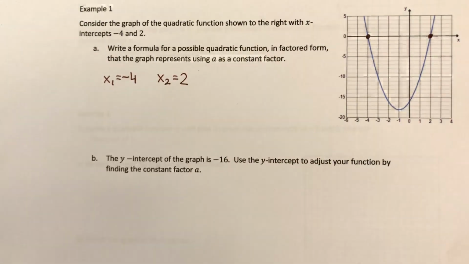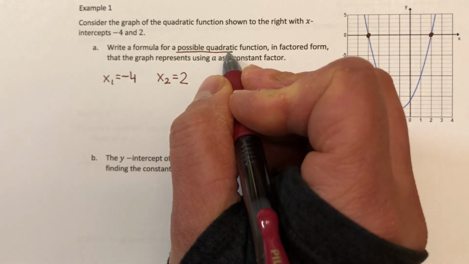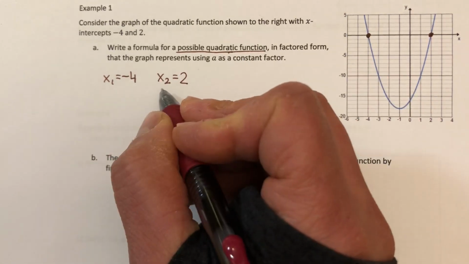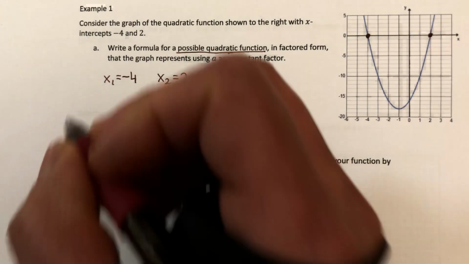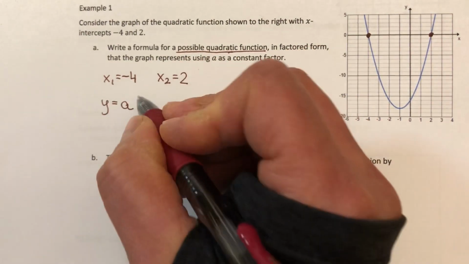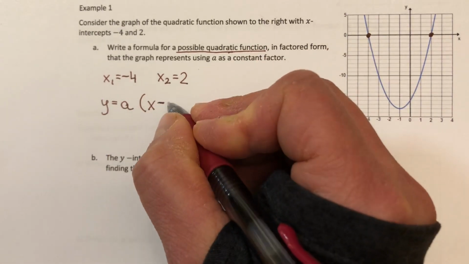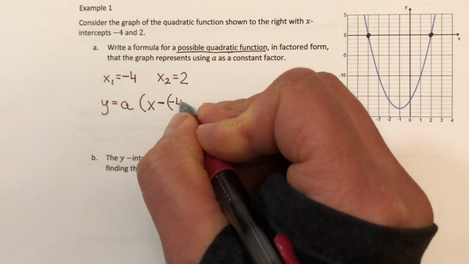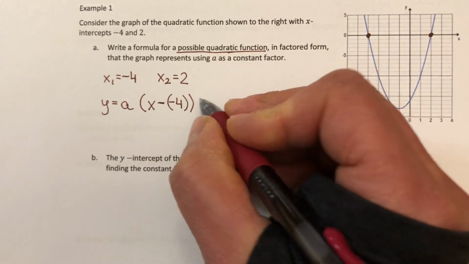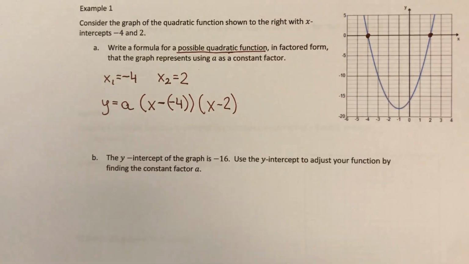Now, because this is asking me for a possible equation or possible quadratic function that goes through those points, not exactly the one I have right here, I am going to say y is equivalent to a. Then I will have x minus, it's always the negative sign in the formula, my x1 which is -4, and then the other one is x minus 2. I'm going to clean this up a little bit.